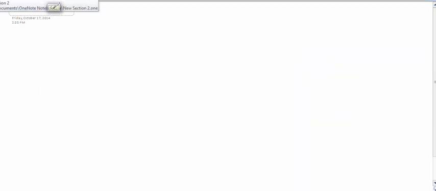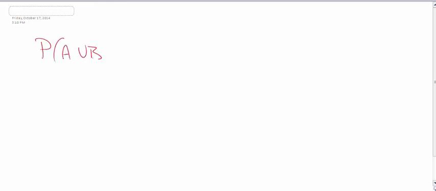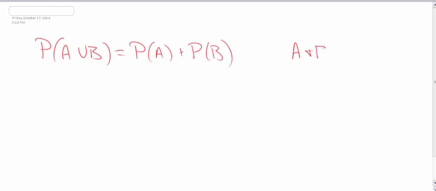Okay, well that's great. But, you know, sometimes it's true that the probability of A union B is equal to the probability of A plus the probability of B. We can use this when A and B are what we call mutually exclusive.